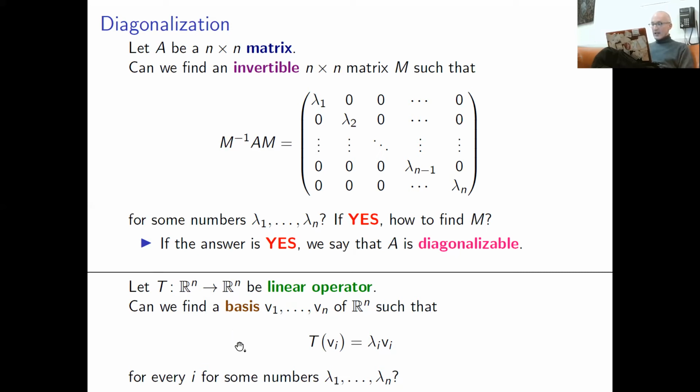But now we can use this translation to actually define a very important notion. Look, this vector vi with this property is very special. You take vector vi, you apply T to vi, and you get vector vi multiplied by some number. We use this equality to give a new definition.